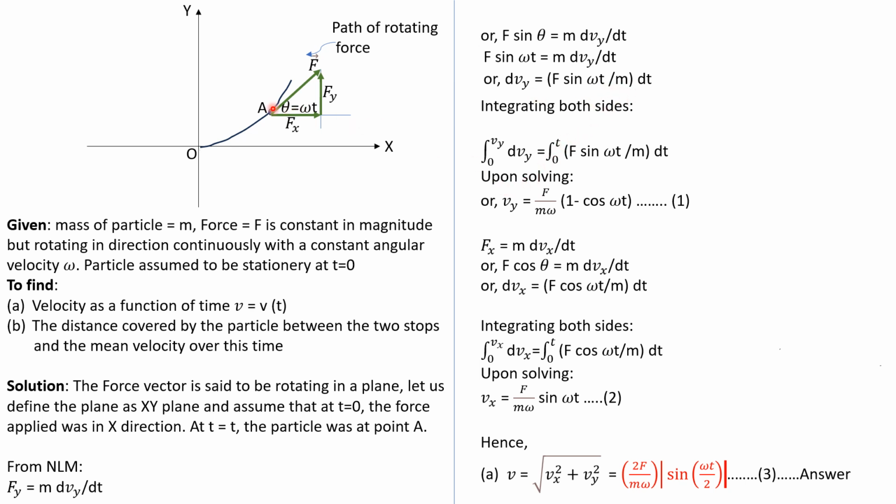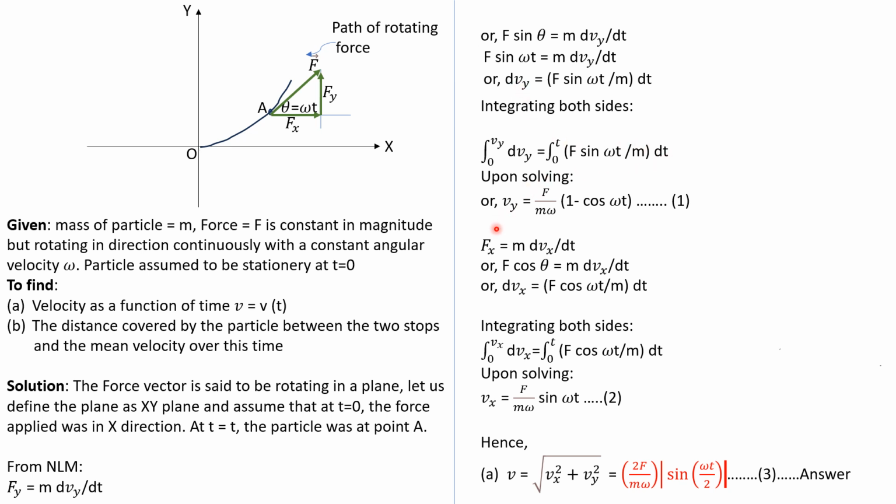Now at this location the particle was at time t, so we assume the velocity in the y direction at this location is vy. When you integrate both sides, at t = 0 the particle velocity was 0, and at t = t the particle velocity was vy in the y direction.